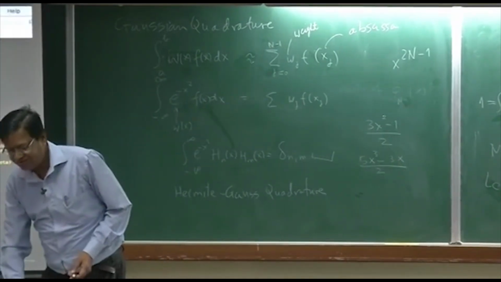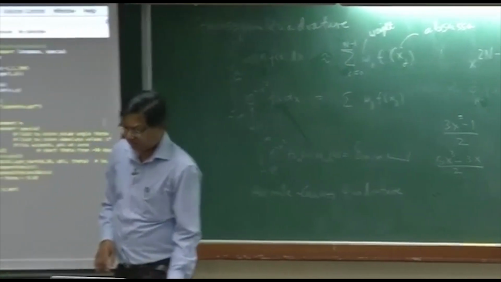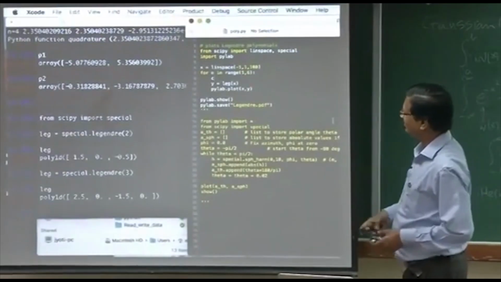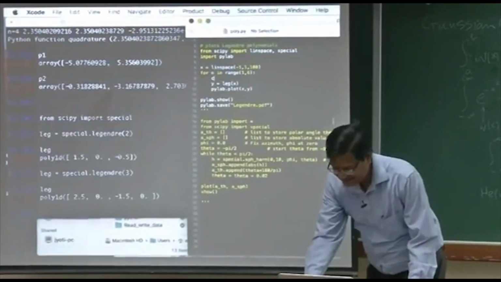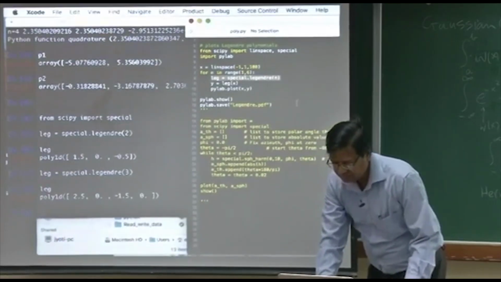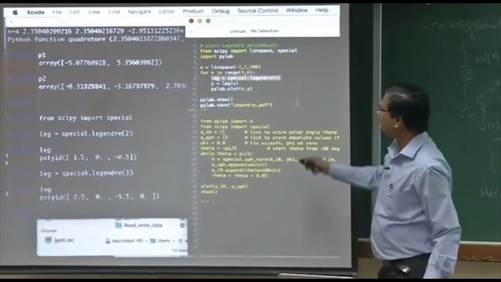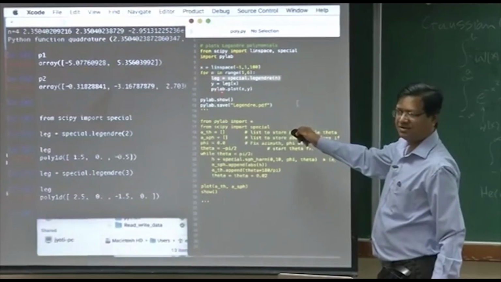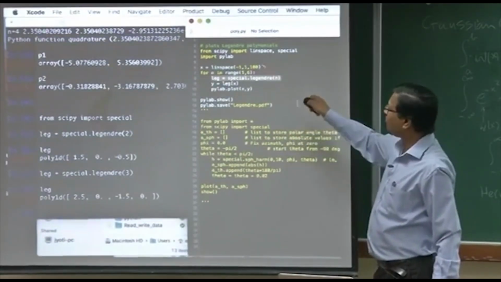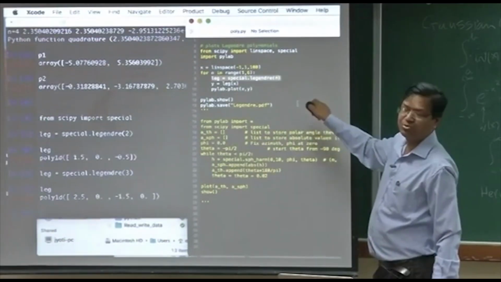I wanted to plot, so I need numerical values. So I put a linspace. I compute the array y with LEG of x and plot. So this will plot all of them in one loop.